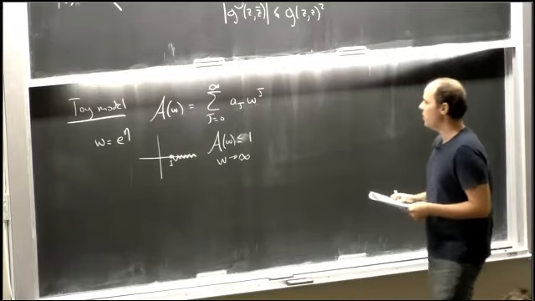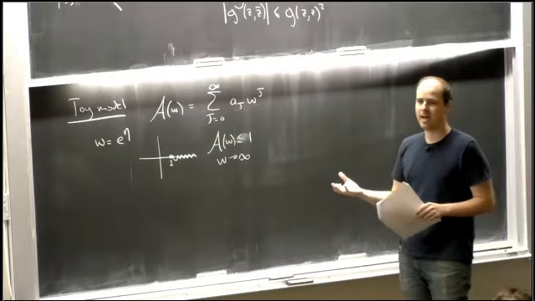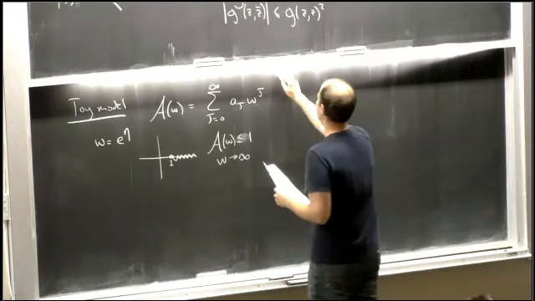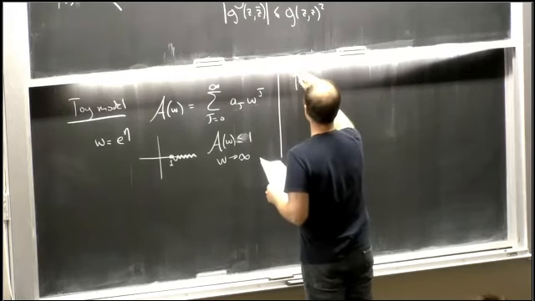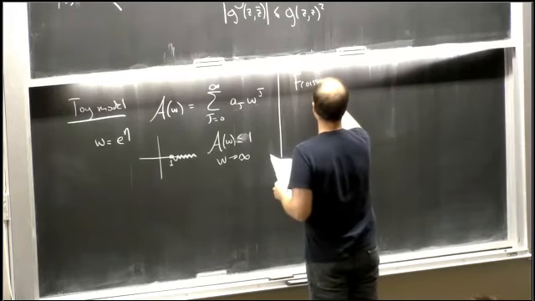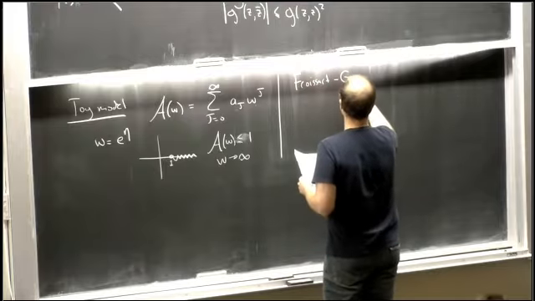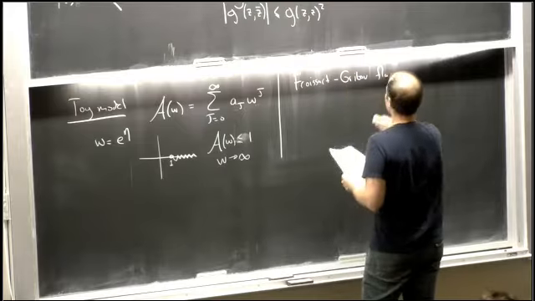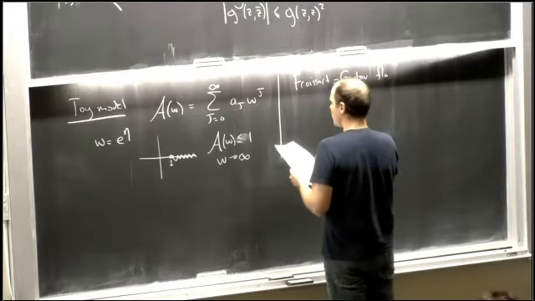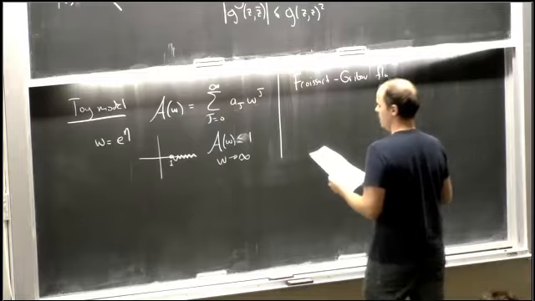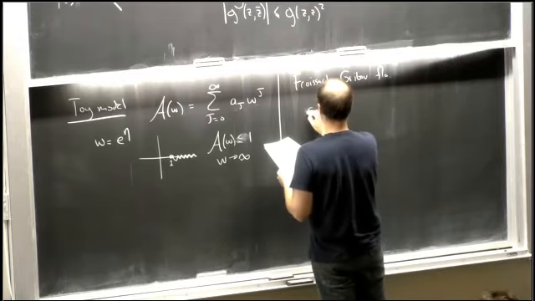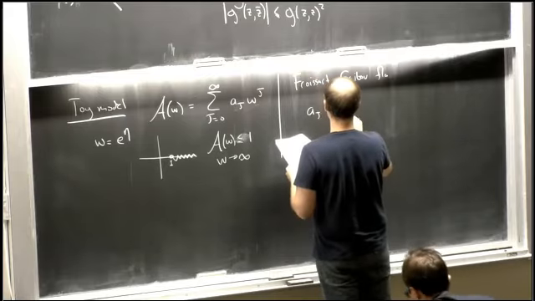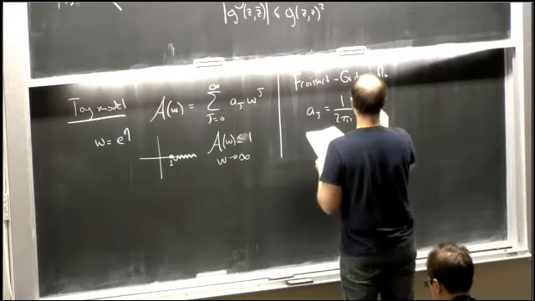So there's a beautiful way to express this delicate balance between the different coefficients. And that's provided by something called the Froissart-Gribov formula. In this case, it's very simple. So the idea for deriving the Froissart-Gribov formula is to start with an inversion formula for the a sub j coefficients.